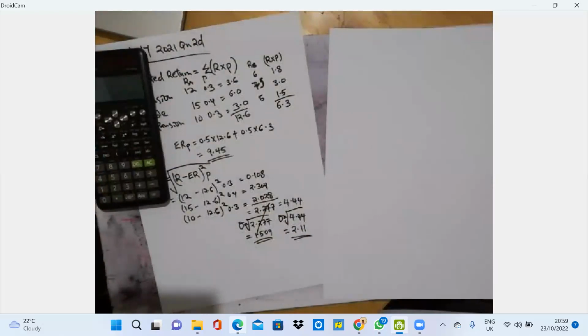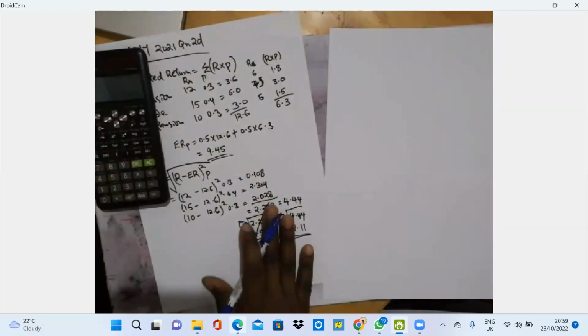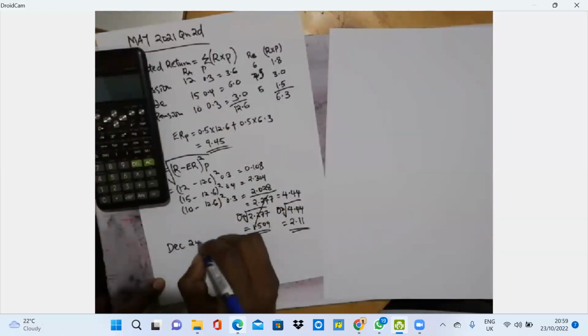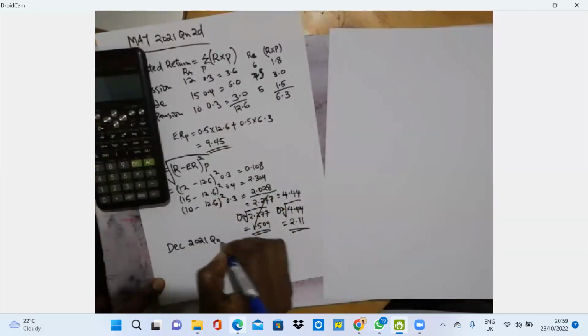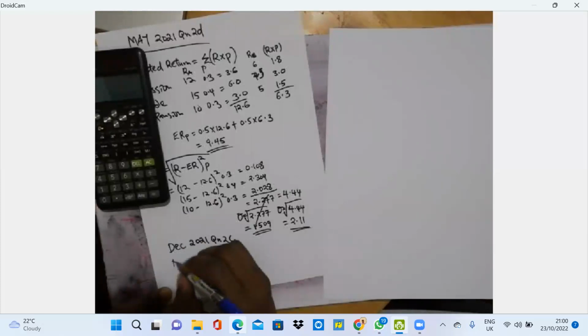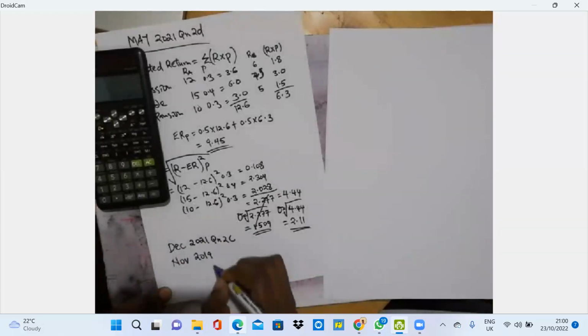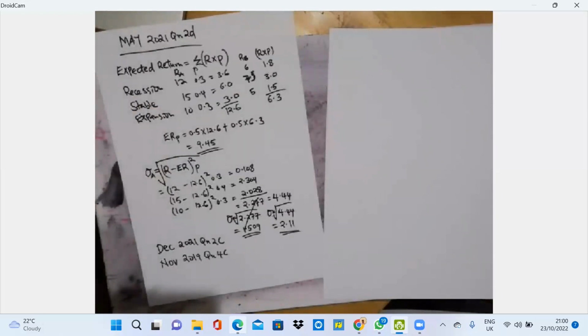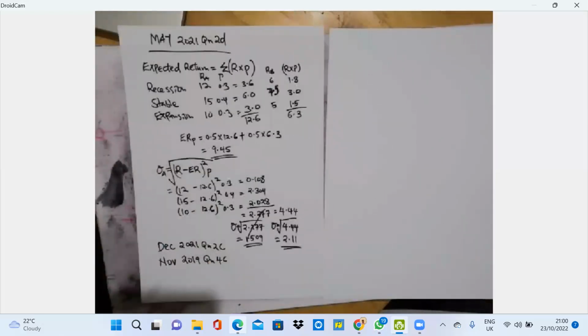So that's it for tonight. You can do December 2021, Question 2C. You can also do November 2019, Question 4C. The concept is the same, so you just master the formula.